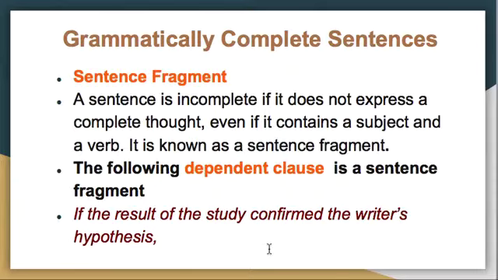I have observed in my thesis checking process that a lot of times students have incomplete sentences, and usually they are sentence fragments that do not give a complete thought.